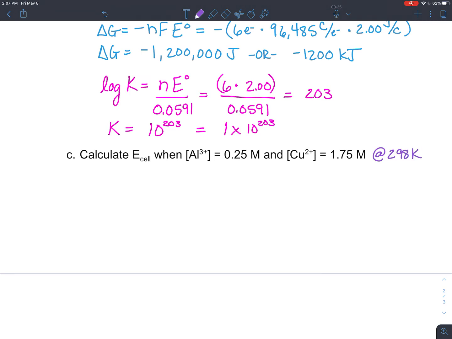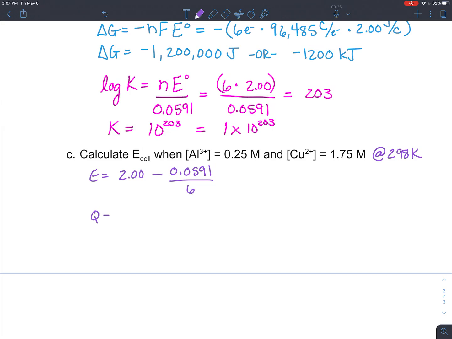Again, we're going to say this is at 298 Kelvin, and that allows us to use that modified equation. So E is equal to 2.00 minus 0.0591 divided by those 6 electrons, and now we want to find the log of Q.